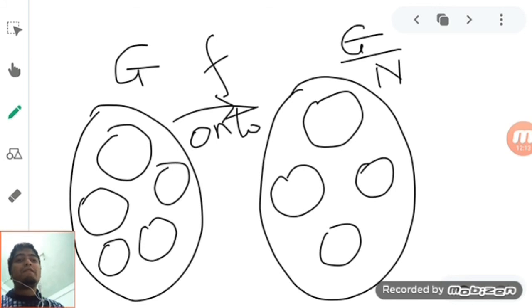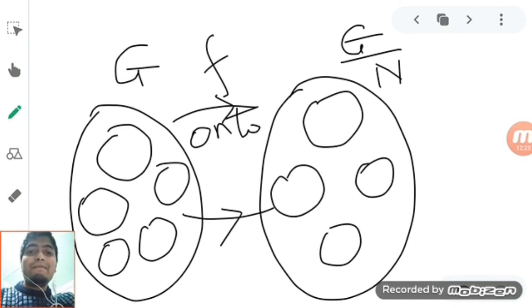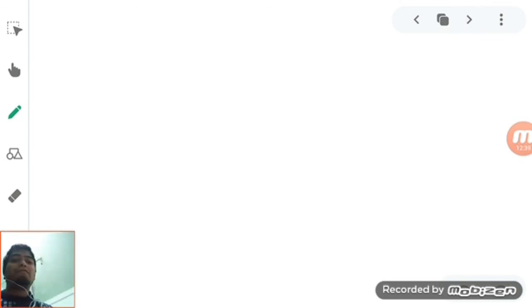We know that there will be a one-one onto correspondence between these and these. Okay, by the correspondence theorem, there is a correspondence, or a one-one onto function, from the set of all subgroups of G that contain the kernel to all the subgroups of G by n. So what will we do?